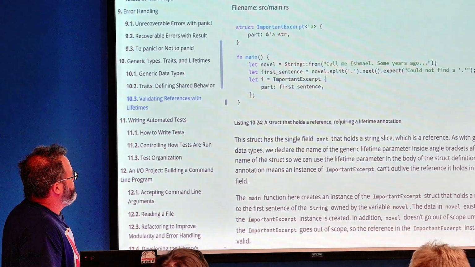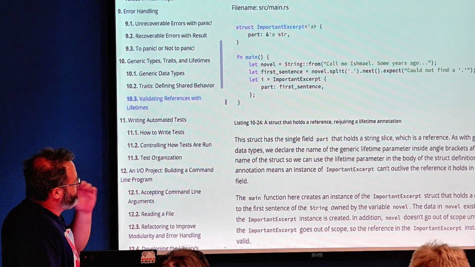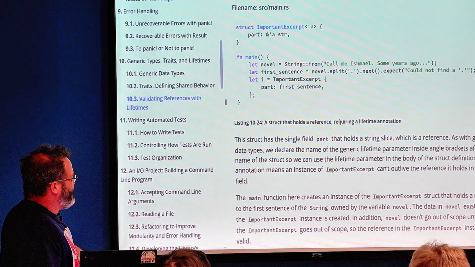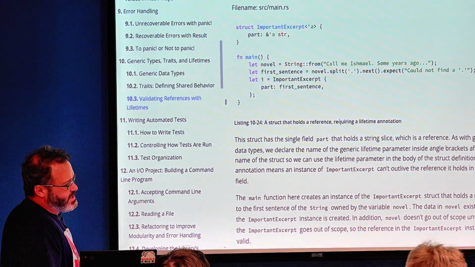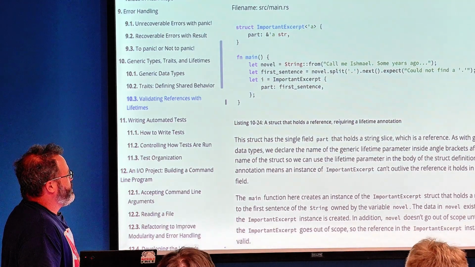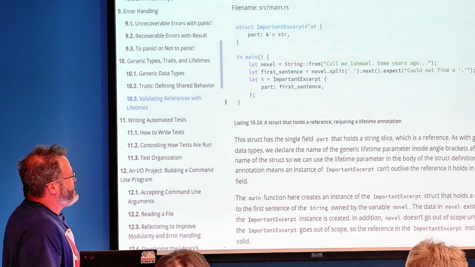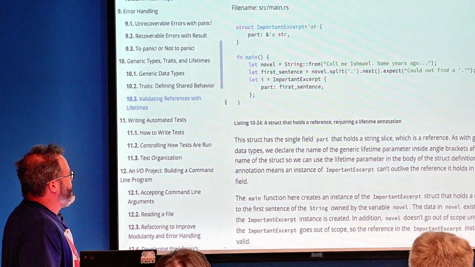This is what I said, the book is in memory. And then I'm saying the first sentence is, and I really like this, again, we have this novel, and you're calling split on a dot, right? Which is going to return a list of things you can iterate on, right? And we're calling next on it, so that's how I knew that. And then I'm saying except, if you don't have any dots, then you're just going to die.